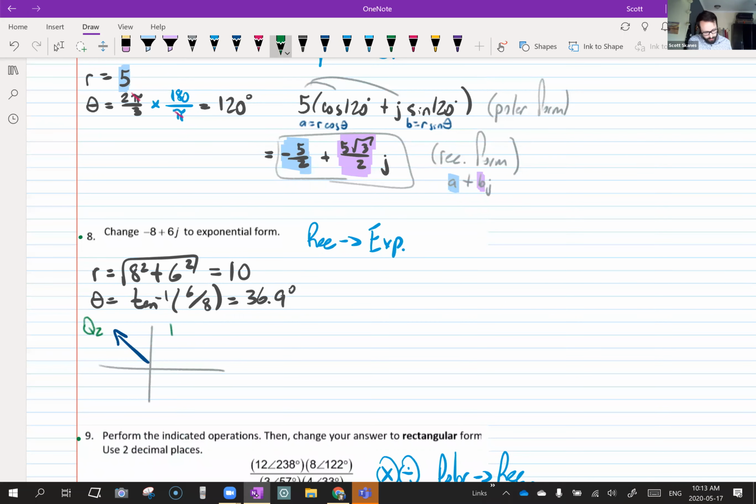So we need to say 180 minus the angle that we're given here. So really, that gives us 143.1 degrees. So we have our radius and we have our theta. We need to now change that into exponential form because exponential form looks like this.